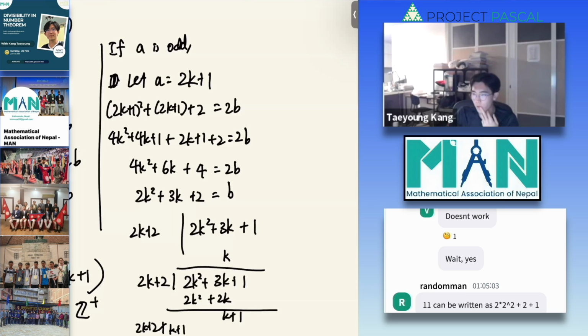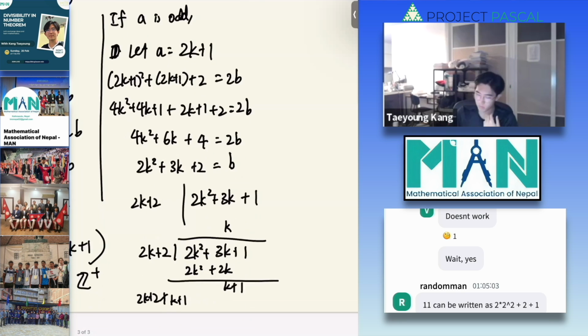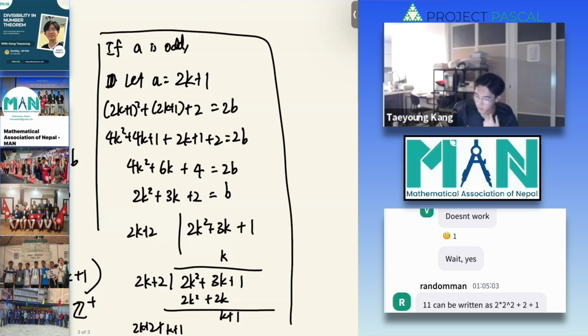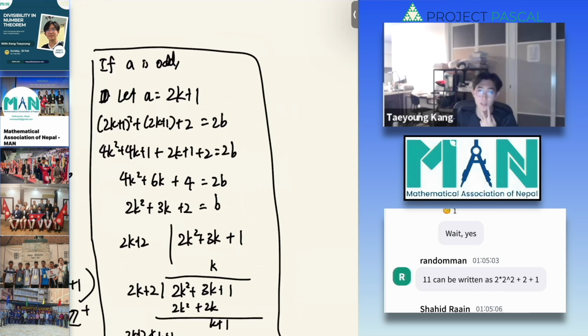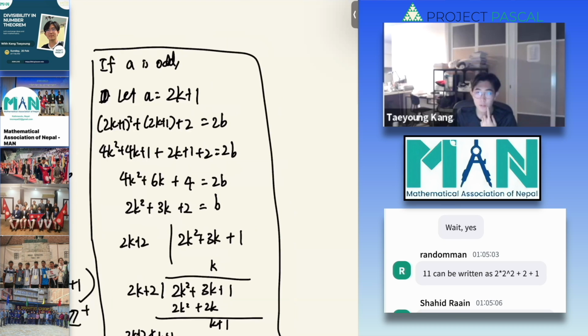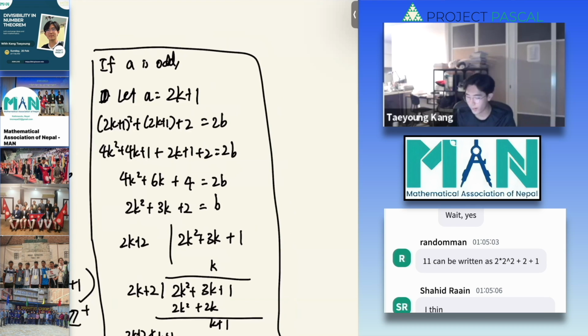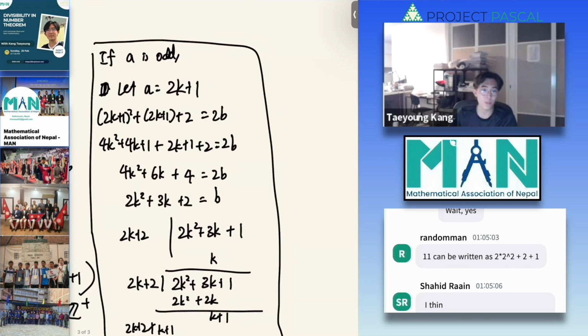Because, wait, yes. So A odd doesn't work. You guys can read the proof to why A odd doesn't work over here.